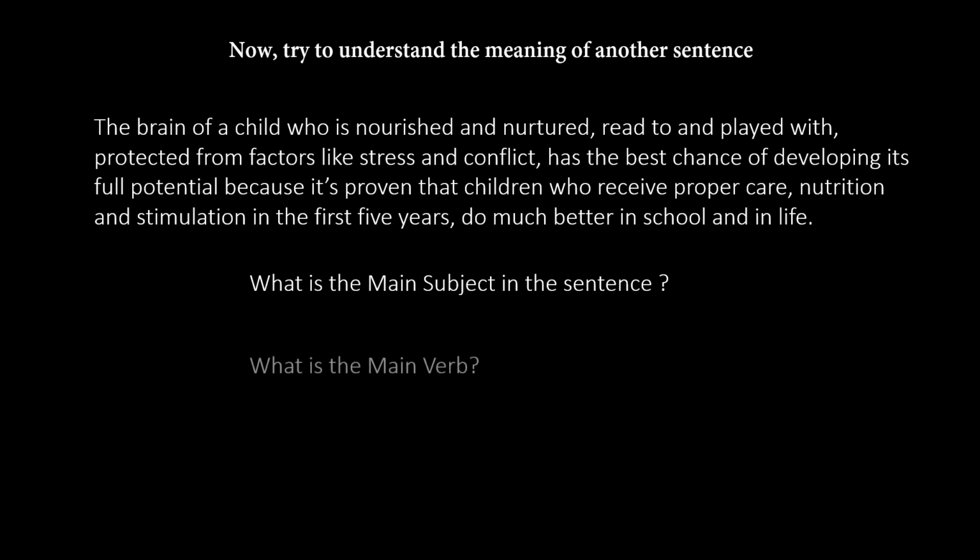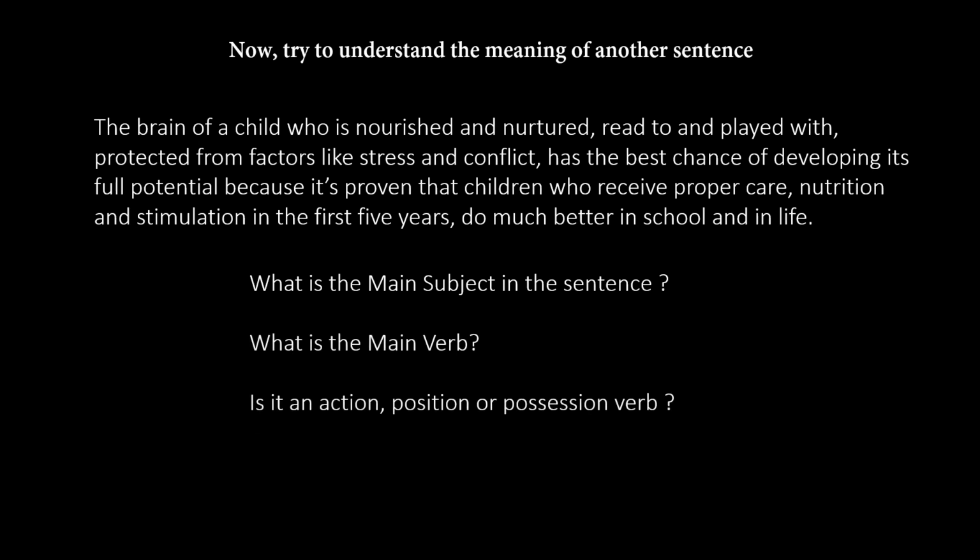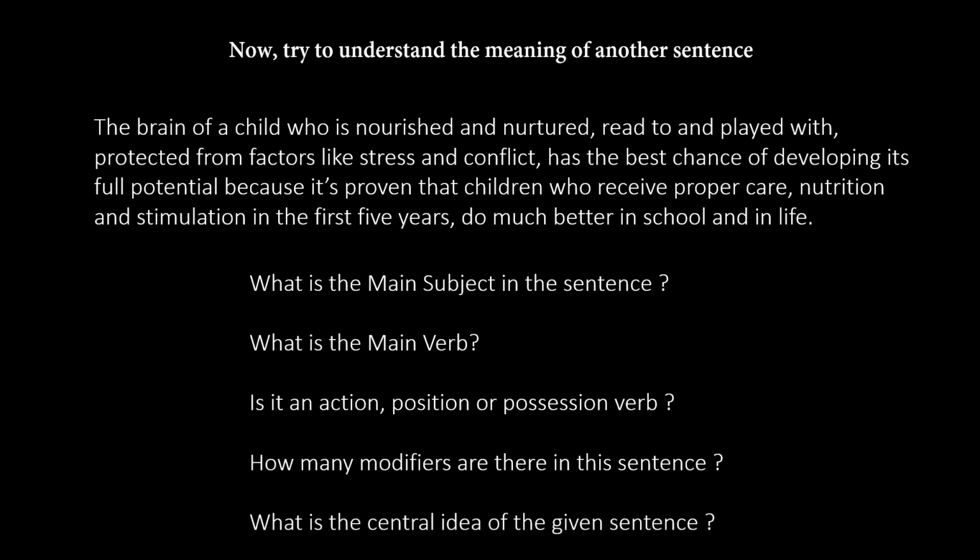What is the main subject in the sentence? What is the main verb? Is it an action verb or a position verb? How many modifiers are there in this sentence? What is the central idea of the given sentence?